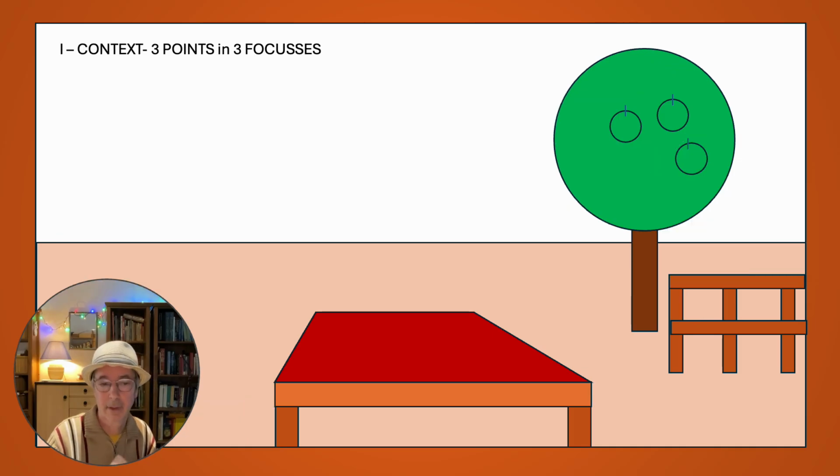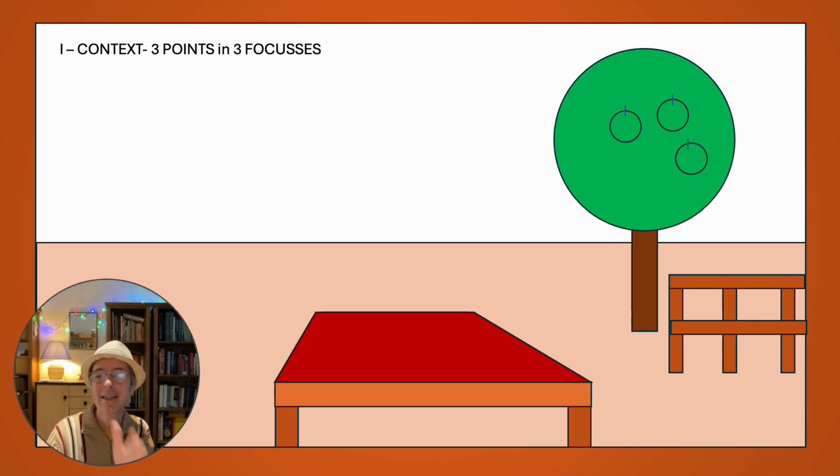The I is about context. The theory says I need three focuses, 3 points, to be sure that I know more or less where it is. I will tell you what these 3 focuses are. It's not so literal, but you need them to focus correctly. I will tell you in a moment what that means.